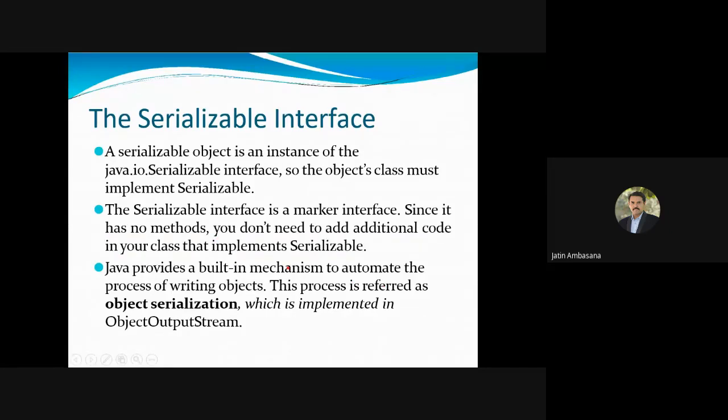Java provides a built-in mechanism to automate the process of writing objects. This process is called object serialization, which is implemented using object output stream. So if you want to write an object onto a file, you can use object output stream and then file output stream, and then write that object to the file.